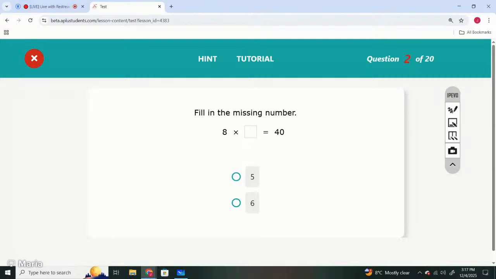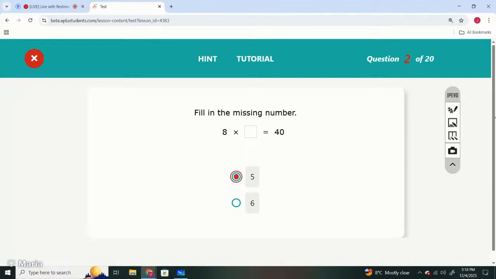8 times what number is 40? 8 times 5 is 40.